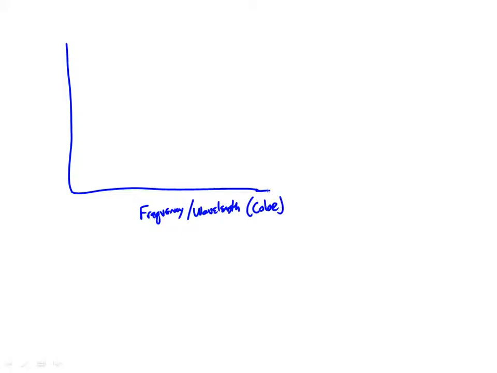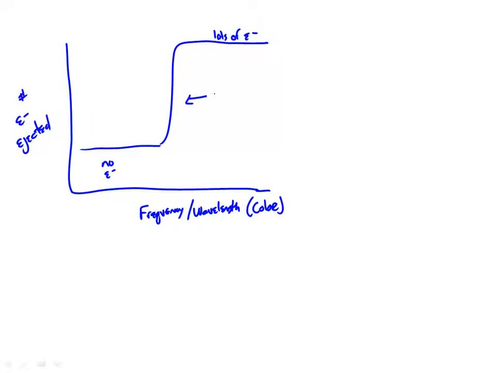Just think about this as different colors of light. And what happens is you get a graph that looks like this. No electrons, and all of a sudden there's lots of electrons. And this can be the number of electrons ejected. And we call this sort of graph something that has a threshold.